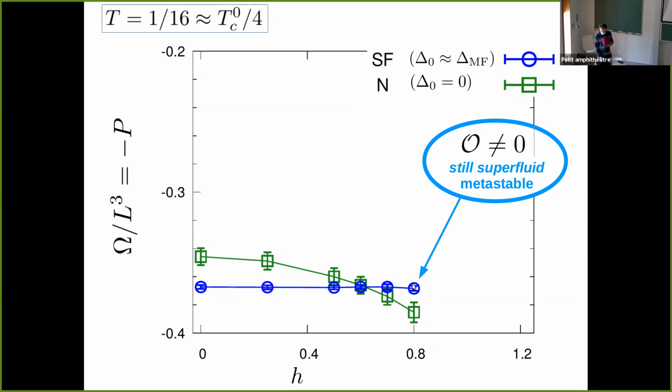Note that at this point, actually, we are in the superfluid metastable regime. We checked, I don't show the data here, but we checked that the order parameter is still non-zero, so it's really still superfluid, even though it's now metastable. And the normal phase is the stable one.